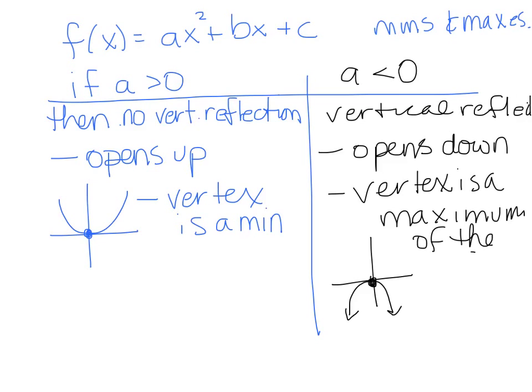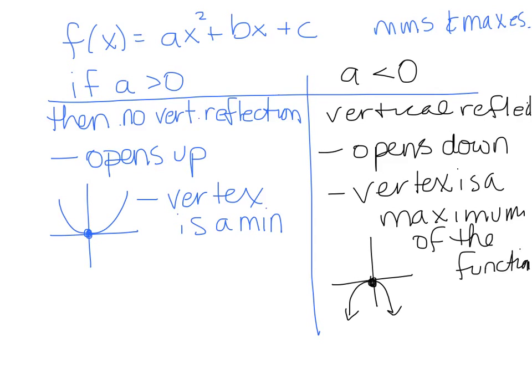And you have to remember, what is being maximized here is the y value, right? So the maximum of the function is the maximum y value on the graph, and it occurs at the vertex. So you find the x of the vertex, the x of the minimum or the maximum, and then you can just find the y value of the vertex to give you the value of the maximum or minimum.